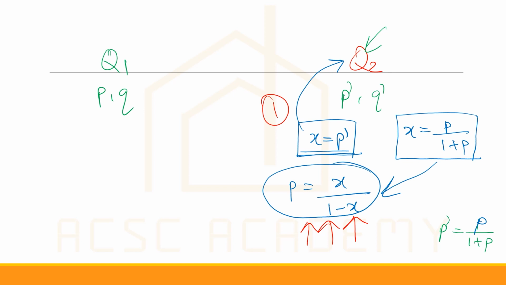In step 2, we used the same logic and applied it in q1. We said that we can substitute p in q1. Why so? Because p is the root of q1, right? So we can definitely substitute p in it.